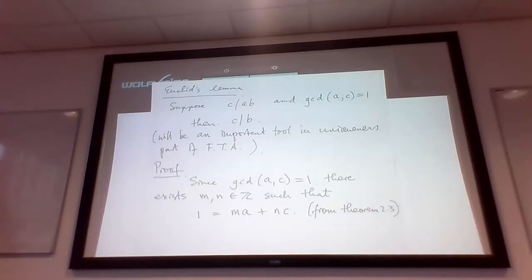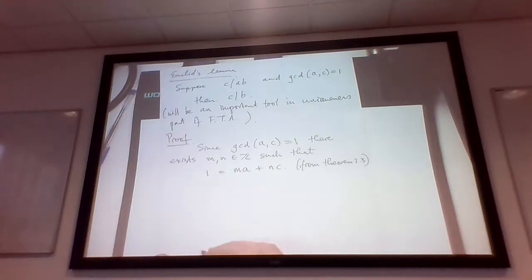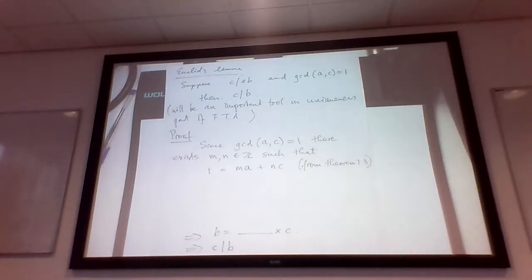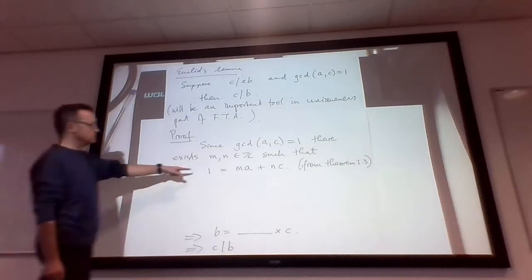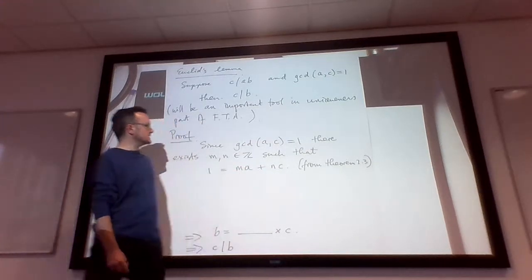Now we're trying to prove that C divides B. So at the very last line of our proof, we want to show that C divides B. In other words, we want to express B as something times C. At the moment, we're up to the stage that 1 is equal to mA plus nC.